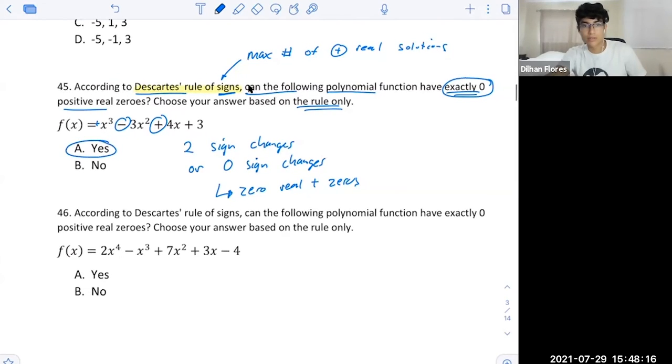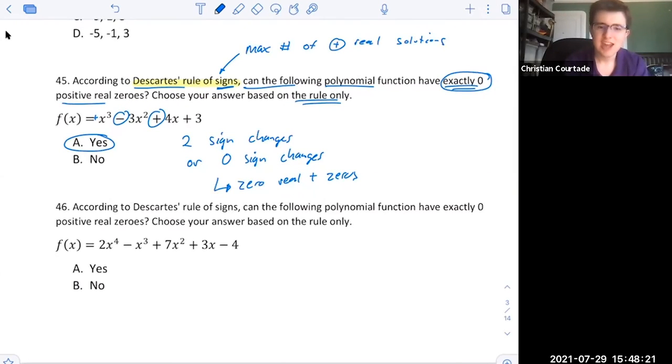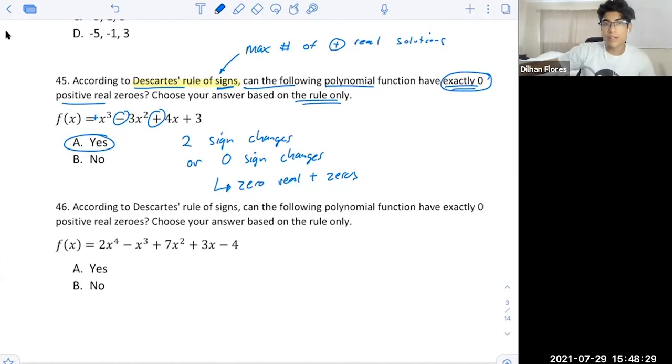I have a question. Go ahead. What if there is 1 sign change or 3 sign changes? Then how many real positive zeros would there be? So if there are 3 sign changes, there can be 3 positive real zeros or one positive real zero. So it's going to be that value minus an even number, minus 2.